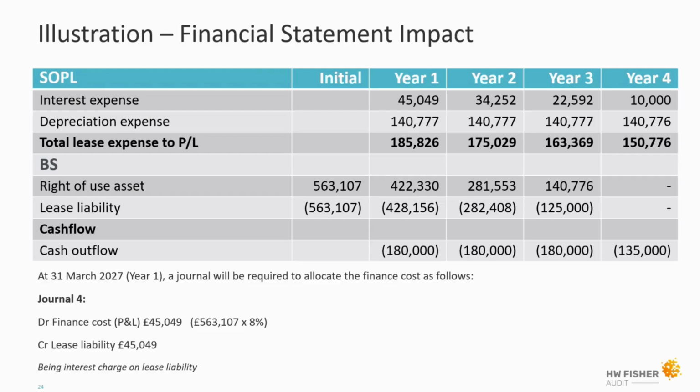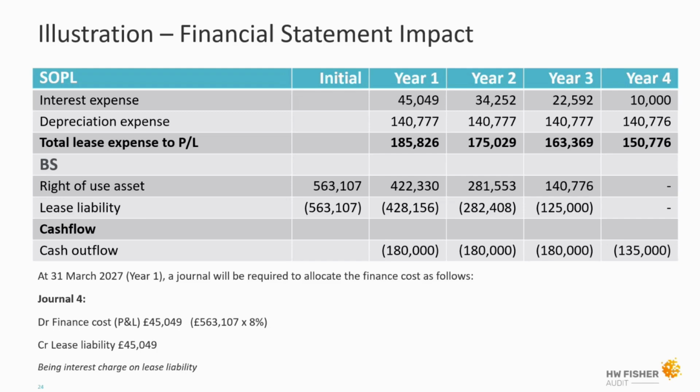I think this illustration is probably the key piece on how that looks, and that differential between what we might have had previously and what we have now. You can see that starting point of the 563 matching, that's the right of use asset and the liability. But you can see here now we have differences between those.